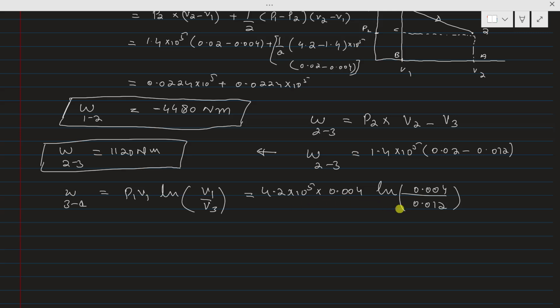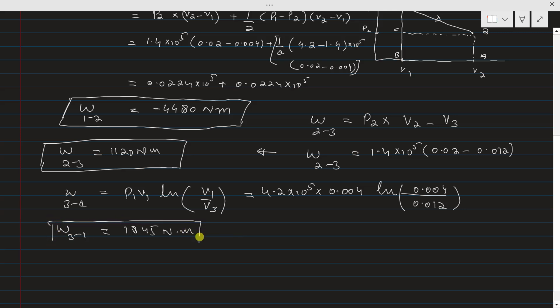After simplification on calculators, you will get the work input from process 3 to 1, that is 1845 Newton meter. So all the three works at each process have been determined.